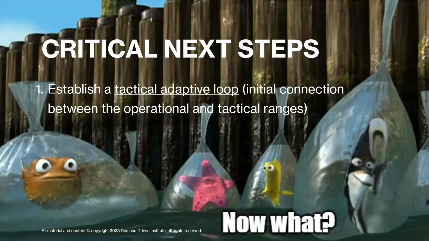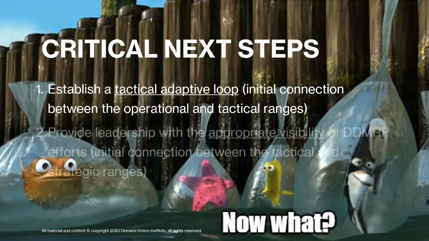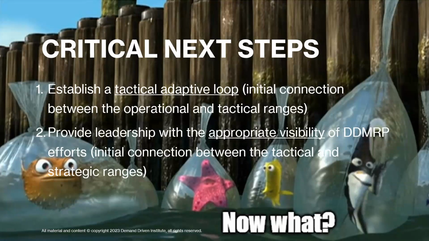And then the next thing, you better provide leadership with the appropriate visibility. This is the initial connection. If you don't do this step, they will default to things that you don't want them to default to. We'll also provide you with something that you can easily use.